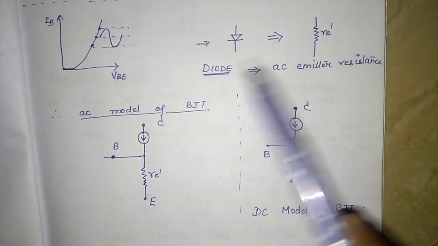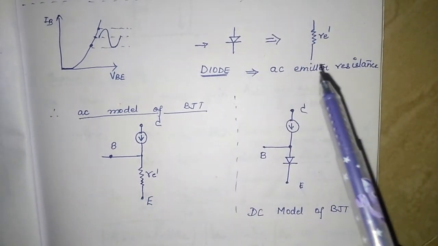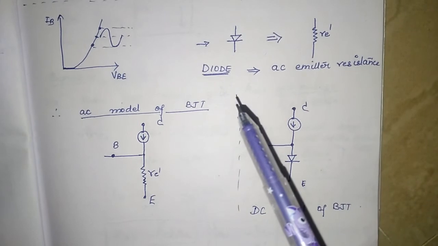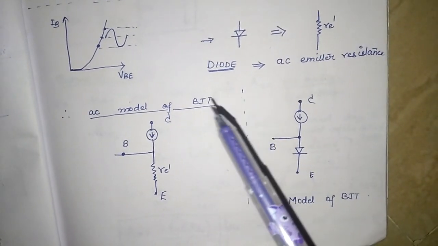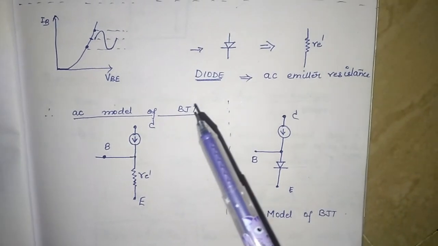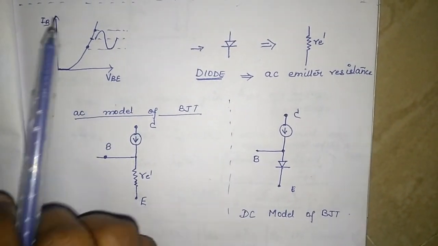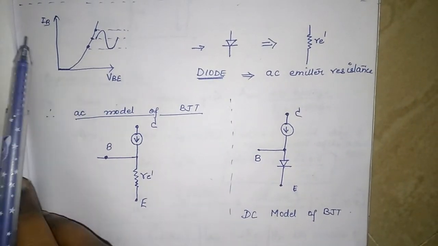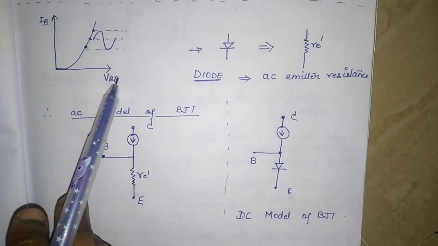Students, whatever we are learning here is in the chapter voltage amplifier, and you all remember that a voltage amplifier is also called a small signal amplifier. Why is it called small signal? Because the input is small. A short while ago we drew the characteristic between IB and VBE.